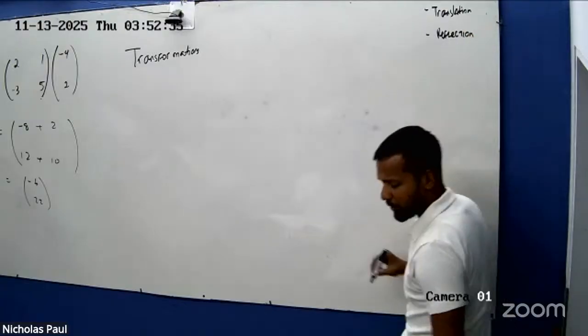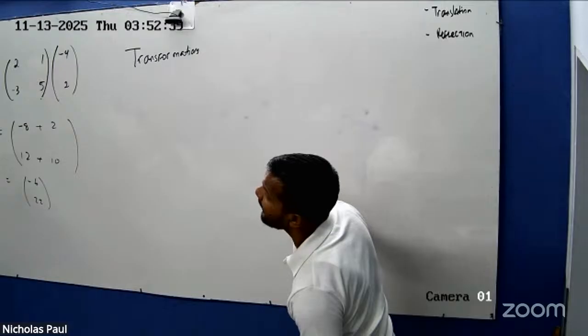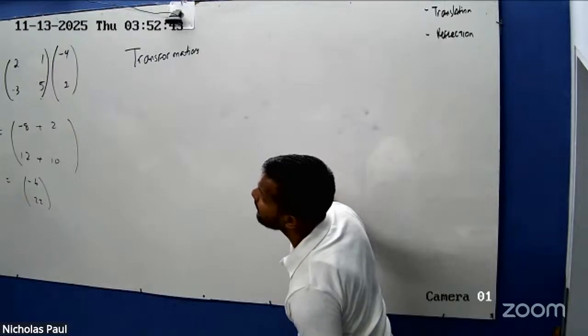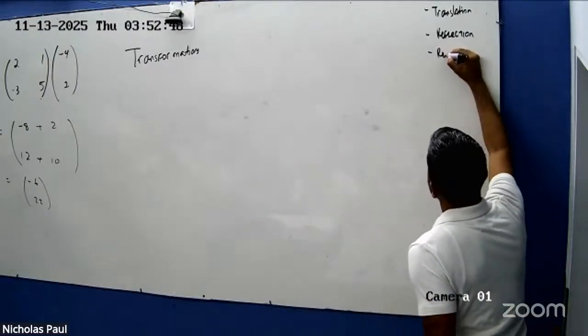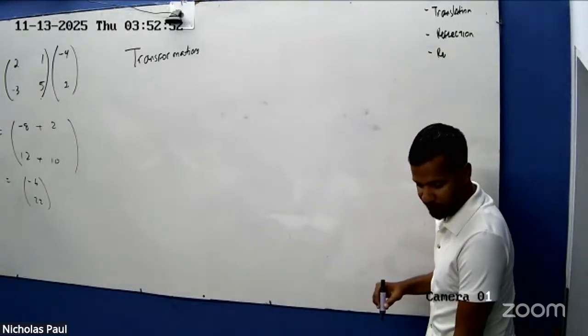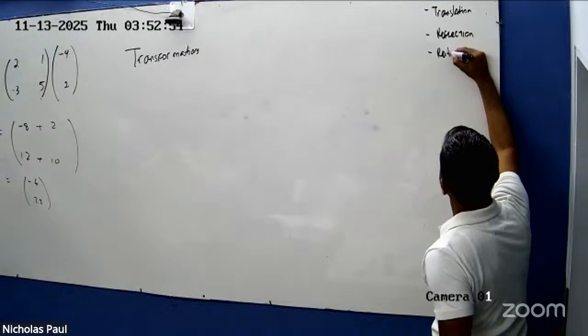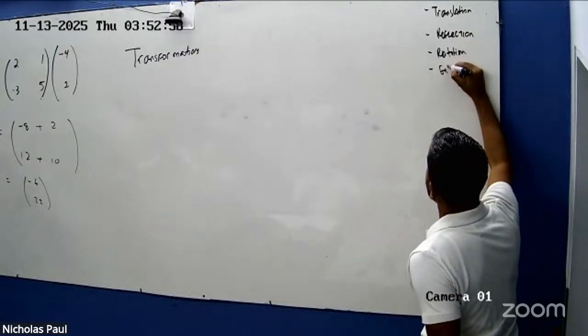After reflection is what? A rotation and then an enlargement. So we have to learn all of them, right? Reflection, rotation and enlargement.